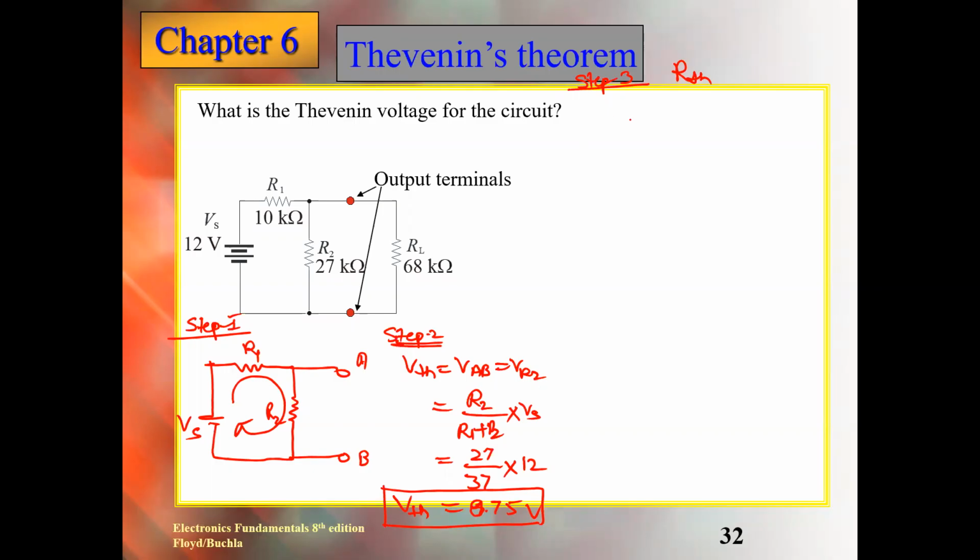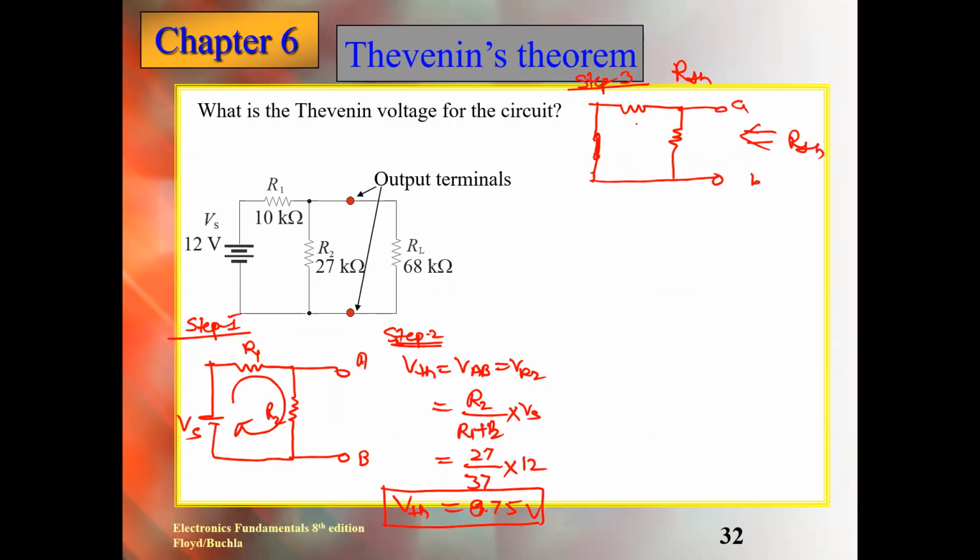No, it's not replaced with the RTH. For the RTH, you will remove the source like that, and then you will connect it with a wire, a short circuit. Yes. Okay, now you can calculate the RTH.